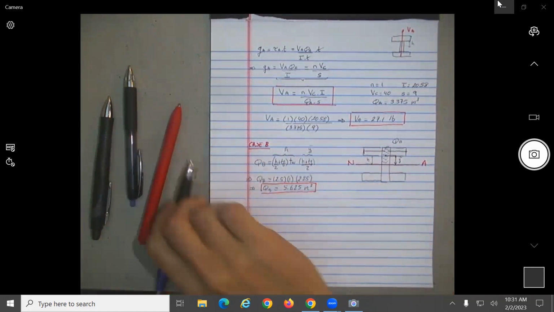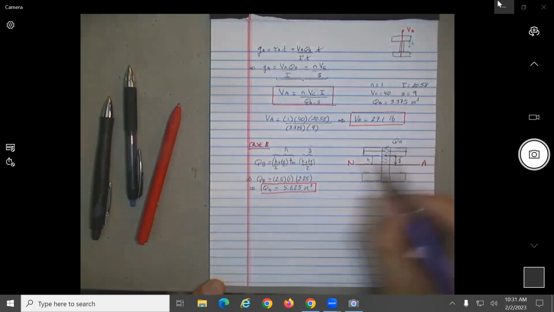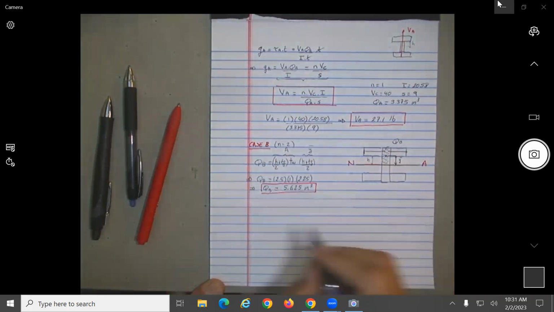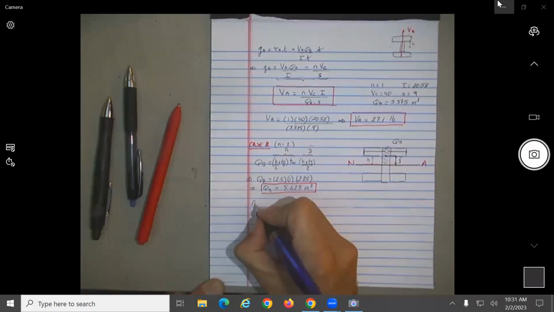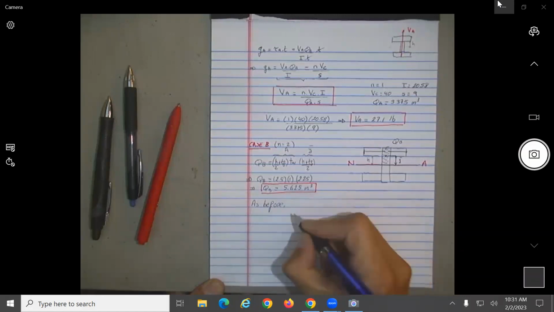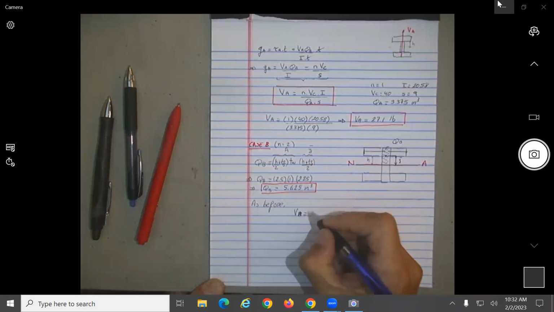Okay, but in this case, how many connectors do we have? We have 2. So if we go back to the equation, as before, now we can derive the equation. VB will be equal to what?